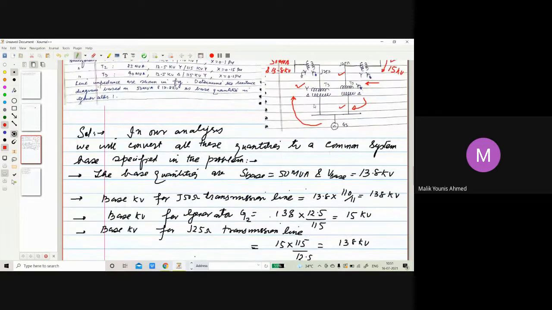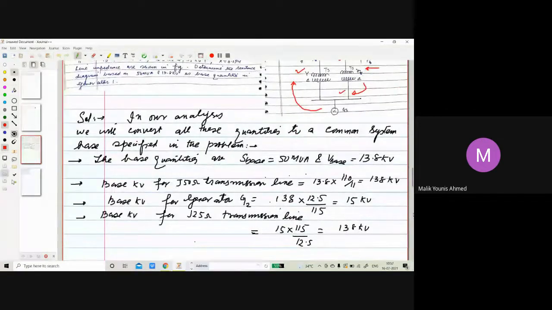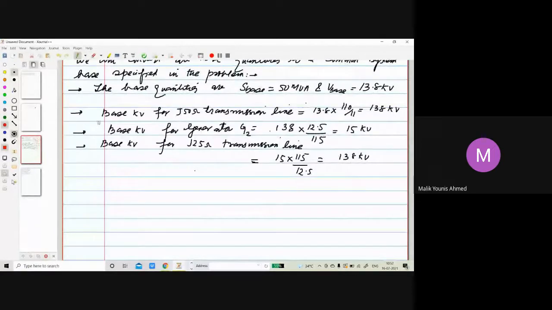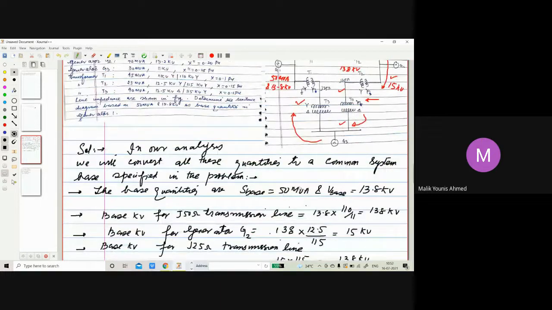So we will write the base kV for generator G3. That will be 138 multiplied by, so we have the ratio of 12.5 by 115.